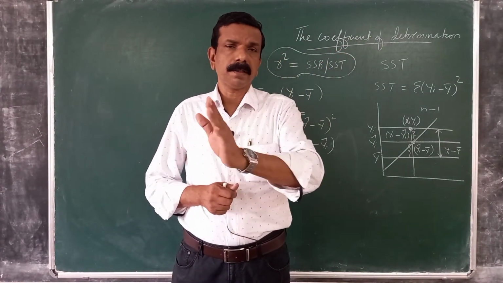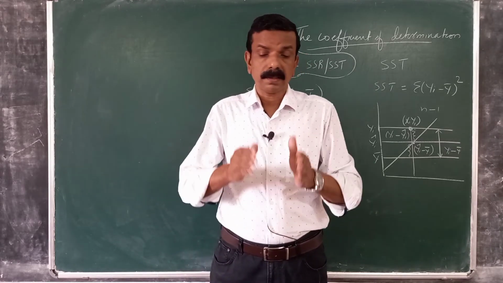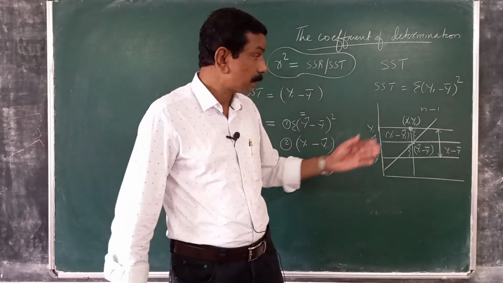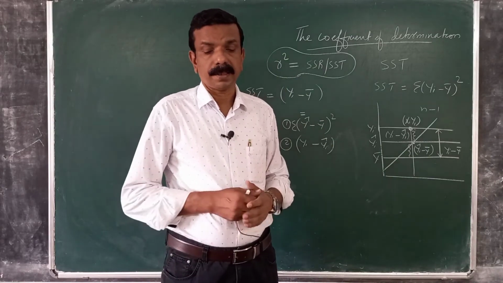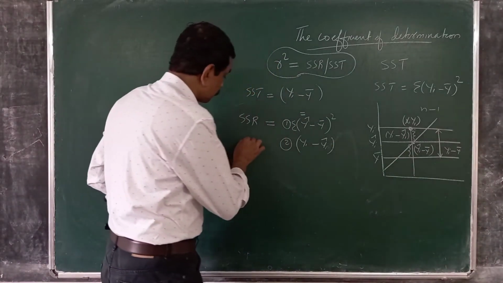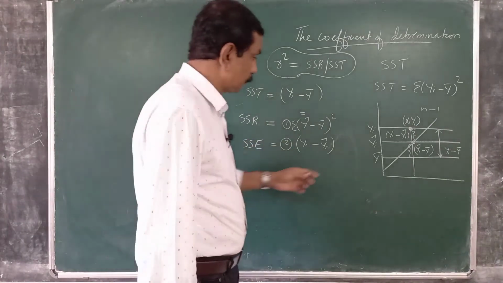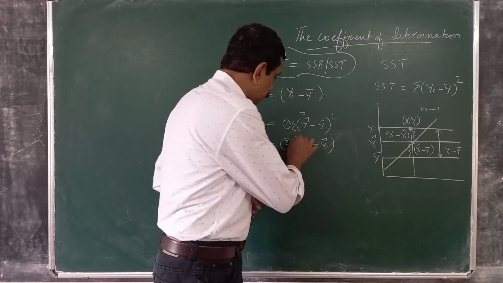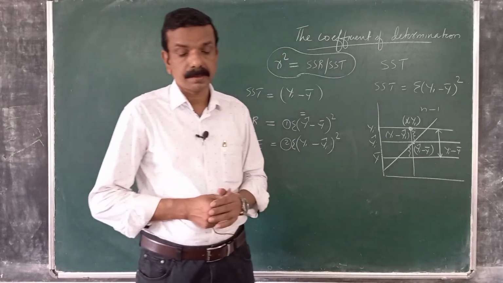Now, let us consider the remaining deviation, that is the part of the variation in y not explained by the regression line. We call this the error sum of squares. Take all the deviations yi minus y hat, square them, and sum: sigma yi minus y hat square.